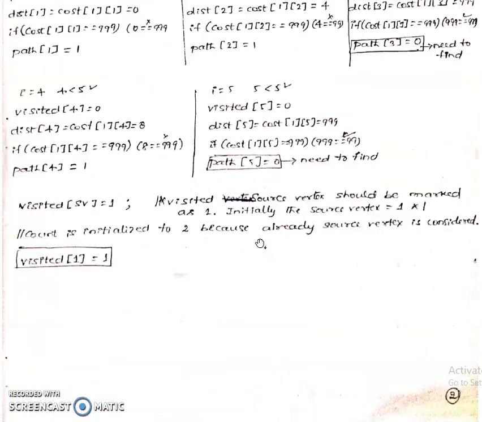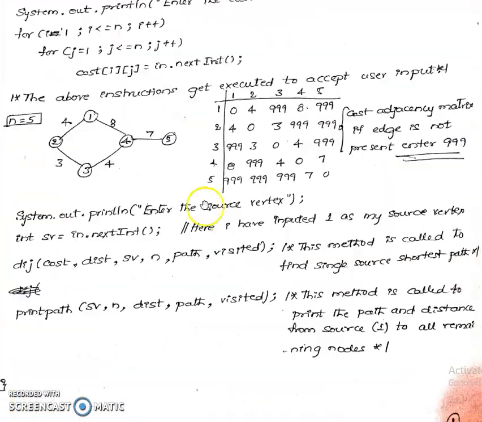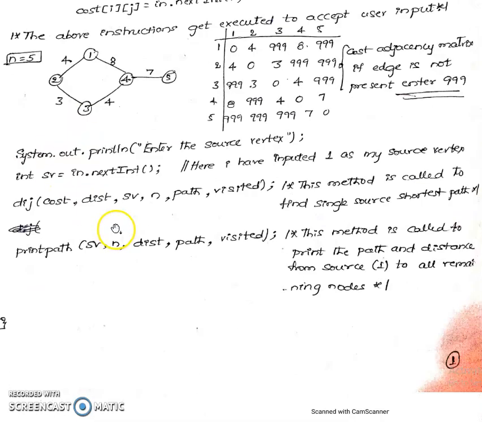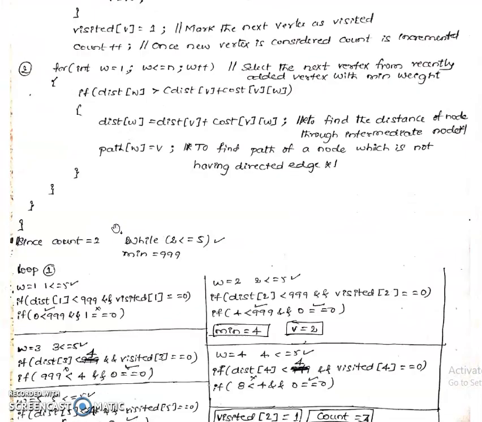Let me show you the graph again. You can observe 1 to 2 I have an edge, which I found first. From 2 I can reach 3. So 4 plus 3 is equal to 7, the distance from 2 to 3.